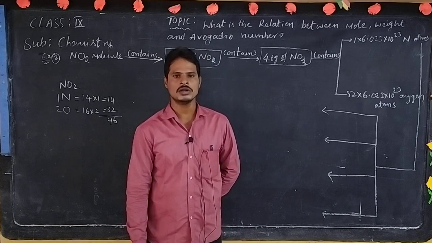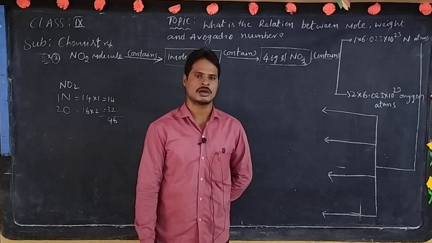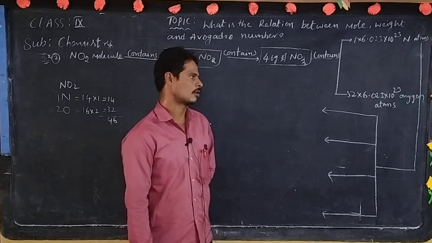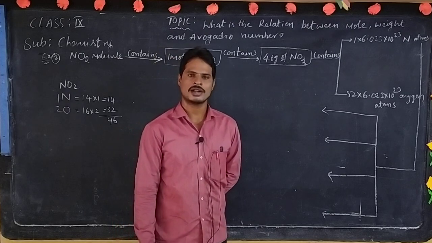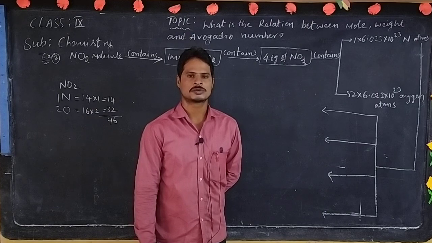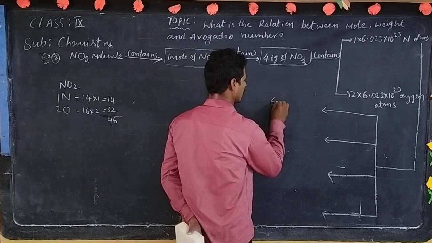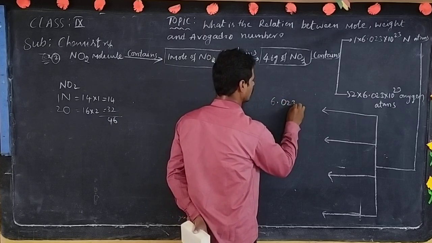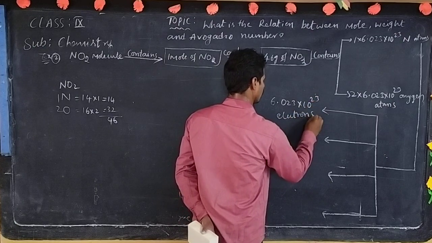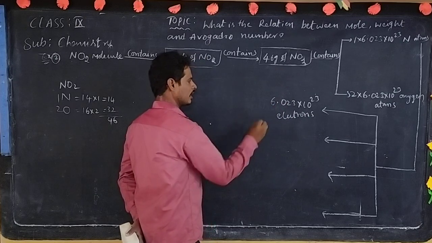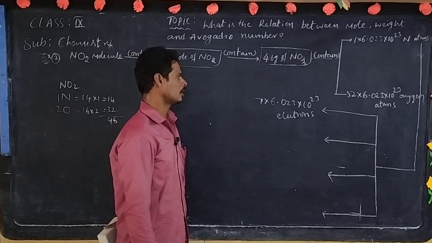Number of protons equals number of electrons. So atomic number equals number of protons equals number of electrons. Now nitrogen contains how many electrons? 7 electrons. But 1 electron contains how much Avogadro number? 6.023 into 10 to the power 23. But here how many electrons are there? Nitrogen has 7 electrons. That's why 7 into 6.023 into 10 to the power 23.